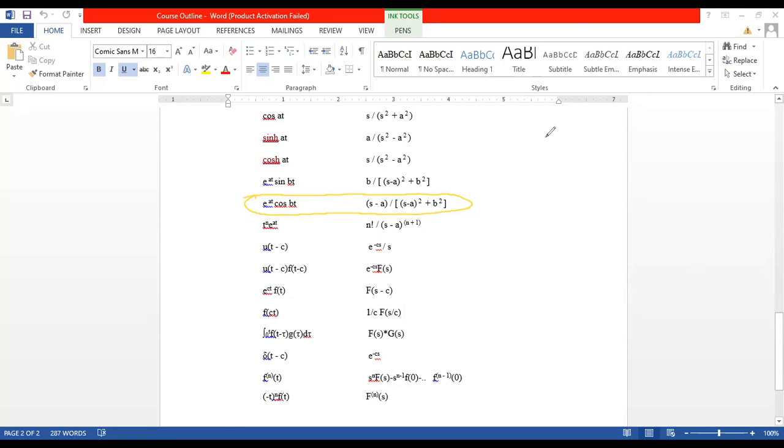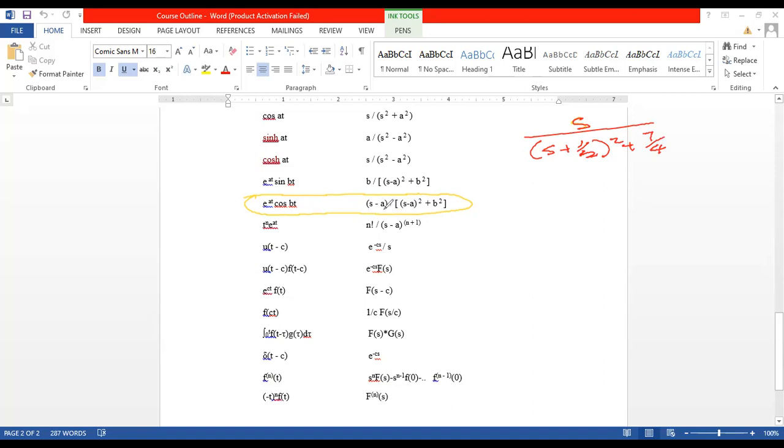We had S over S plus a half squared plus 7 over 4, and the 5 was outside.